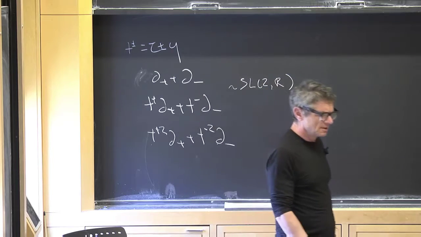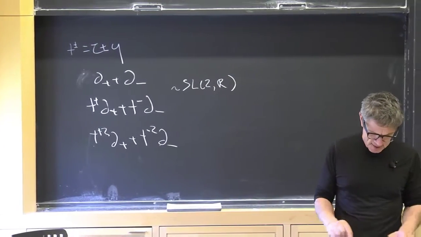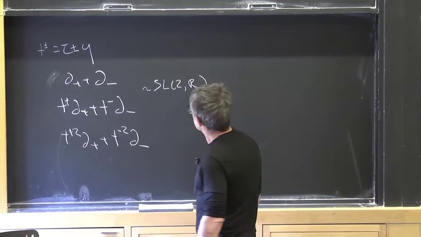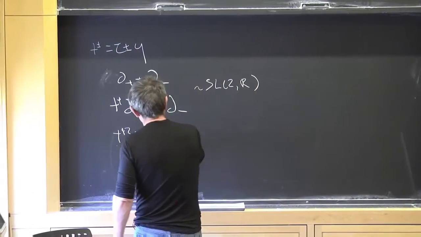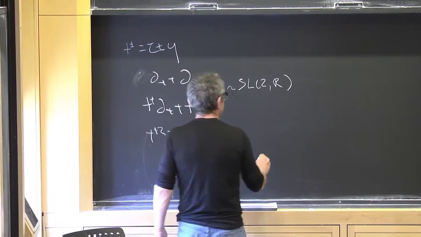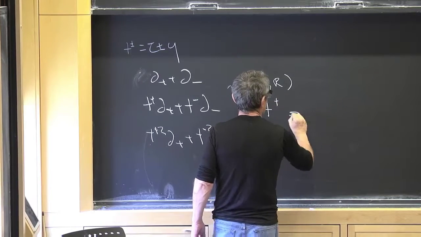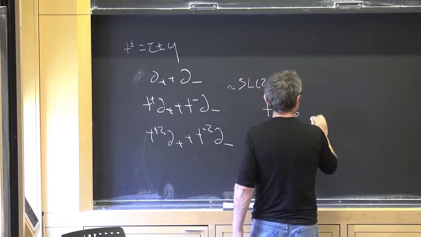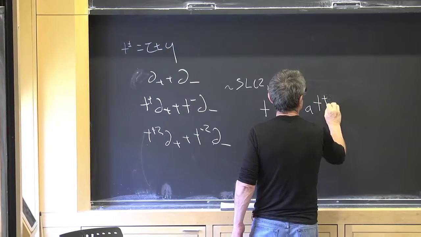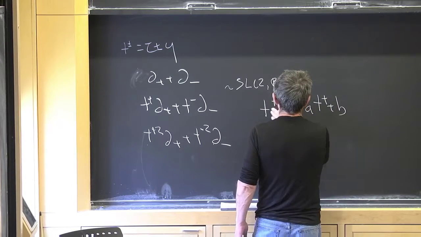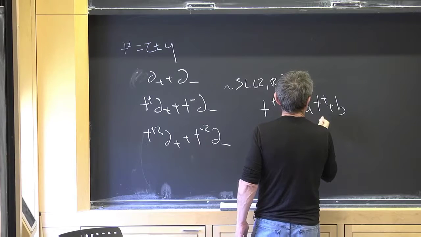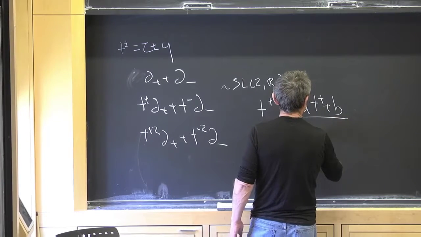dimensions. And moreover, this is the infinitesimal action, but this is easily exponentiated to get the finite group action given a point t plus and t minus.